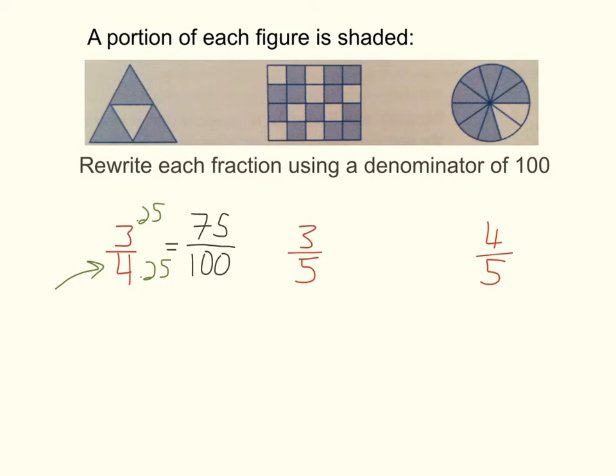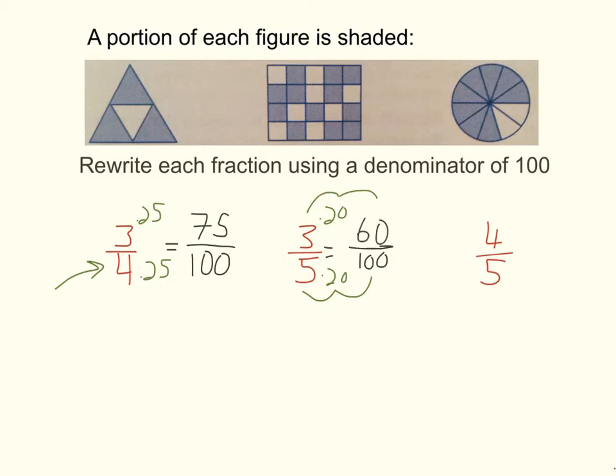To get the second one to be over 100, I would have to multiply the top and the bottom by 20, because 5 times 20 equals 100. 3 times 20 equals 60.